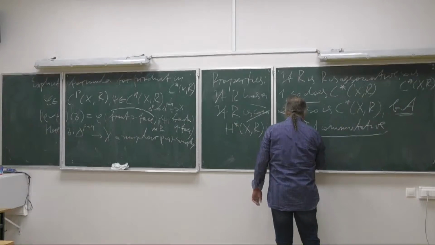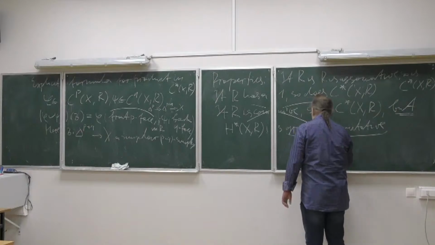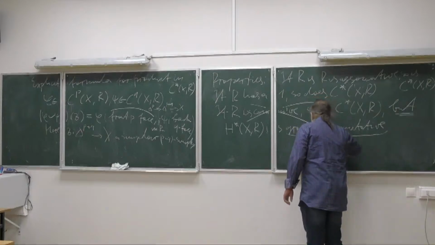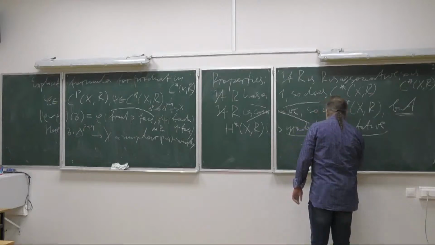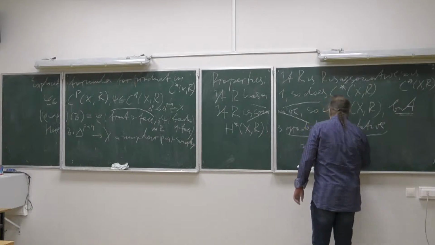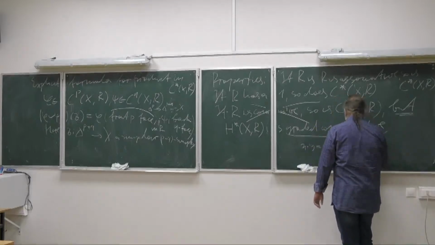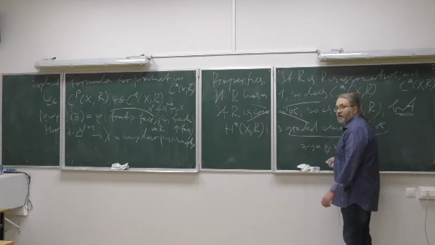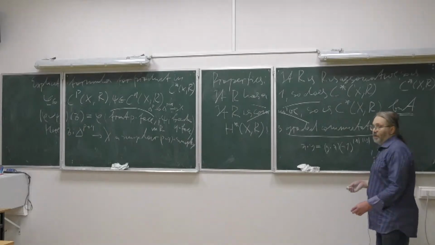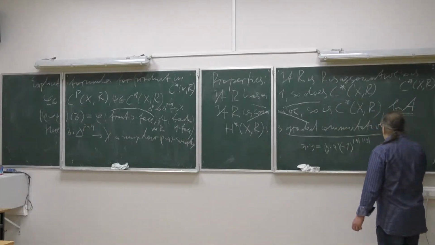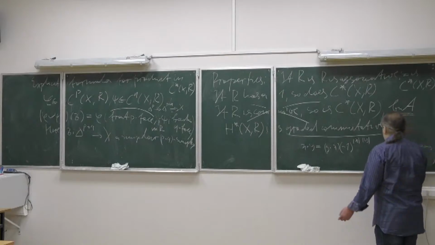This means x times y is the same as y times x, but times -1 to the degree of x multiplied by the degree of y, where x and y are homogeneous elements.